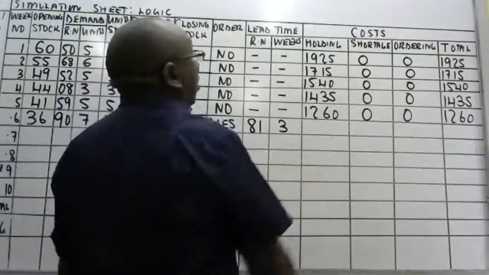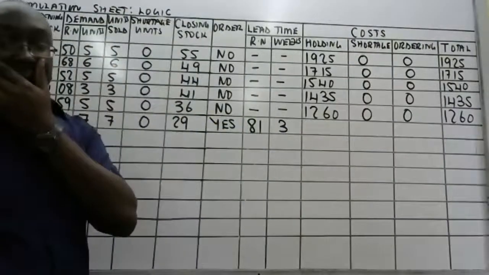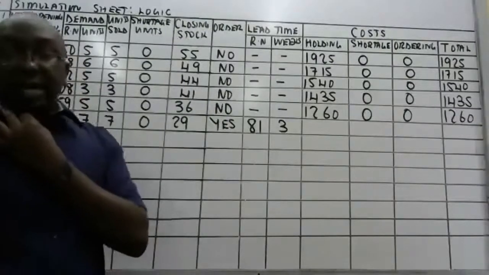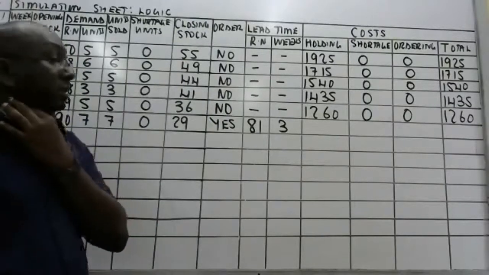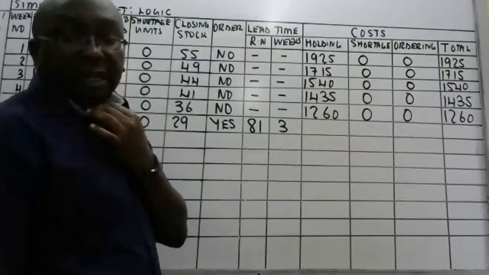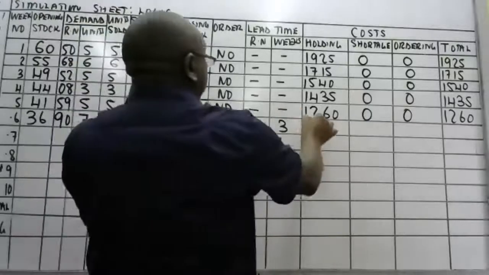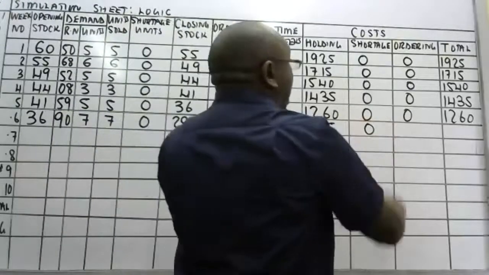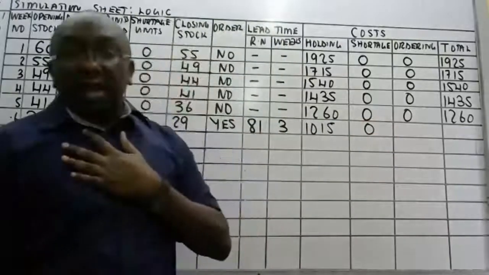Having said that, we now proceed. Give me the holding cost. 29 times 35 is 1015. No one has missed, but now we have placed an order.